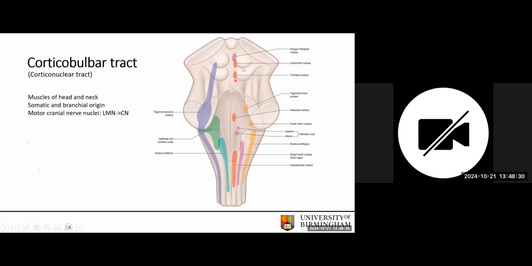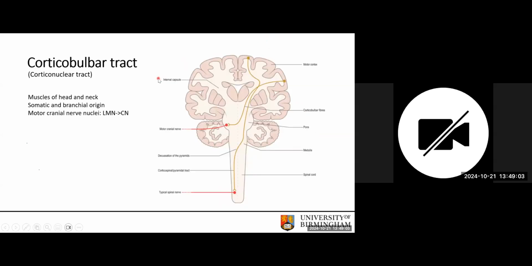So you will have collections of cell bodies, and they are called nuclei because they are located in the central nervous system. So from the cortex in the brain, the cell body of the upper motor neuron will come down and synapse here in this nucleus. And from here, they will go to innervate the specific muscle.